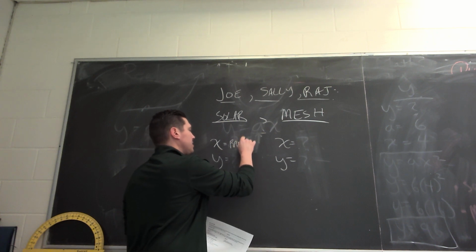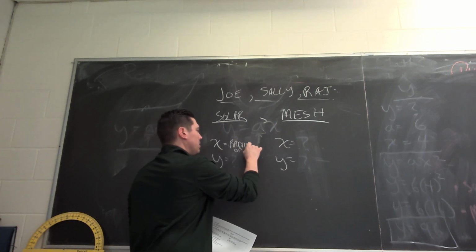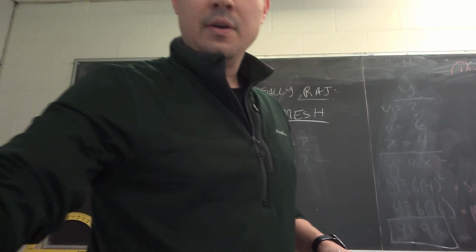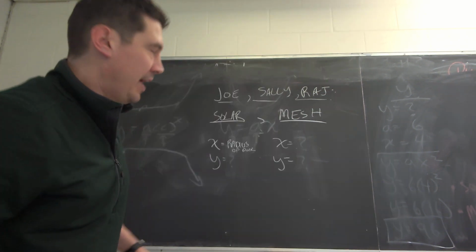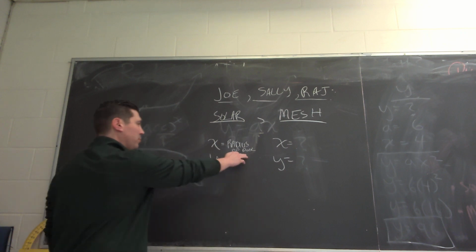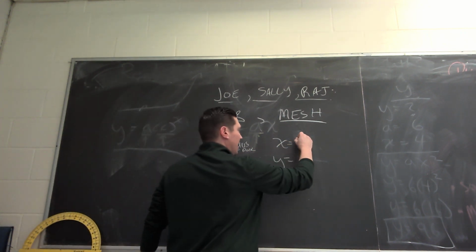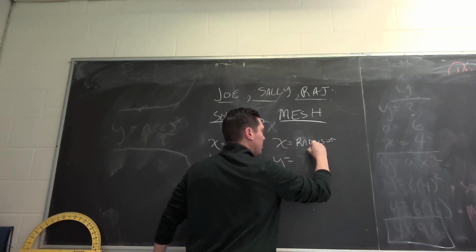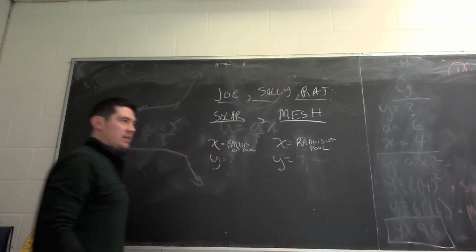So X is the radius of the pool. X is also the radius of pool for this one here.